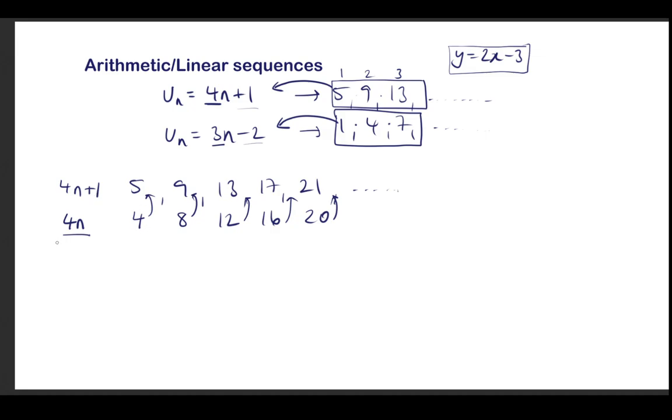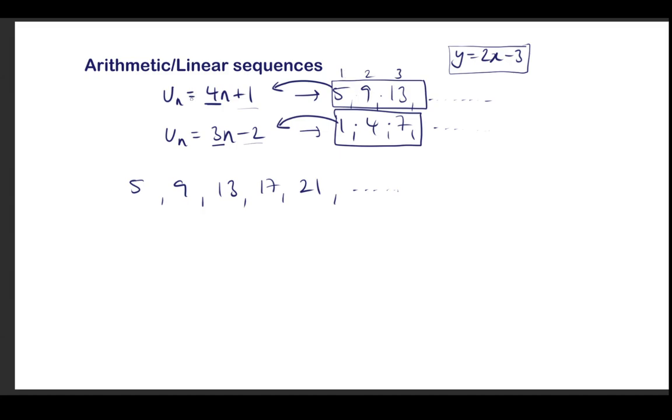Another way to do it is a little bit of a trick. Let me just undo these. Now, if you look at the first one, the 4n plus 1. Obviously, we put 1 into it, we get the first term, 2 into it, we get the second term, and so on.